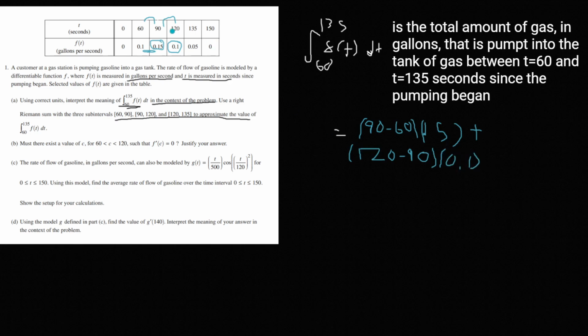And I'm going to add that to 135 minus 120. So plus 135 minus 120 times 0.05. And this is in gallons.